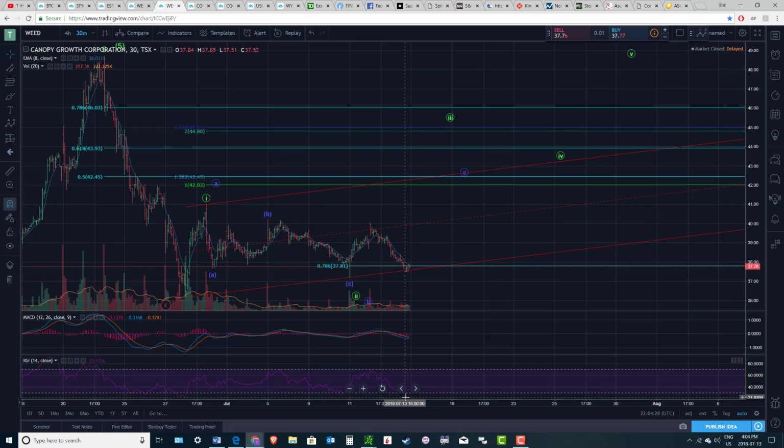We also got nice and oversold here in the 30-minute RSI. We got well into the 20s, mid 20s or thereabouts, and now starting to react off of there. There's not much breathing room here as far as this key level staying intact, but it's looking promising that we're going to react here, make a higher low, and then hopefully or potentially reignite this uptrend.